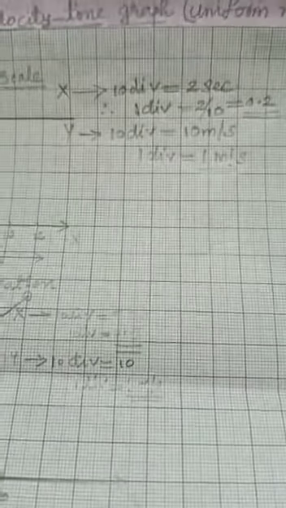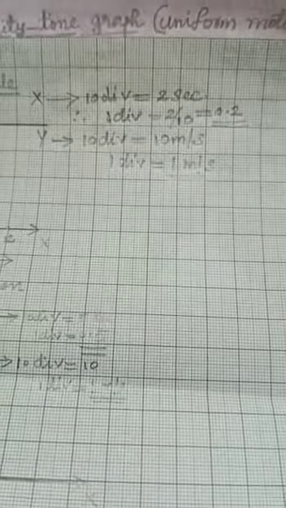Now I have told you, along the x-axis 10 divisions is equal to how much? 2 seconds. So we have to find the value of 1 division. In the graph itself we have to write the scale we are taking along the x and y axes. So on the x-axis, 10 divisions is equal to 2 seconds.